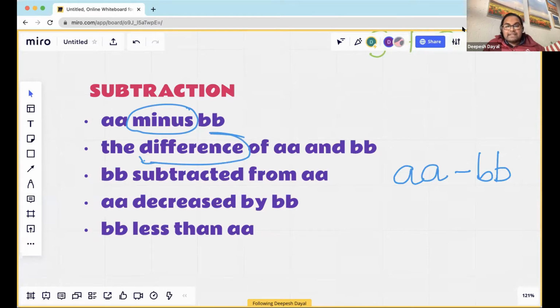We also say B subtracted from A, which means that first you have A and then you minus B. A decreased by B. Or B less A. So these all mean minus, right? There's a minus sign between them.